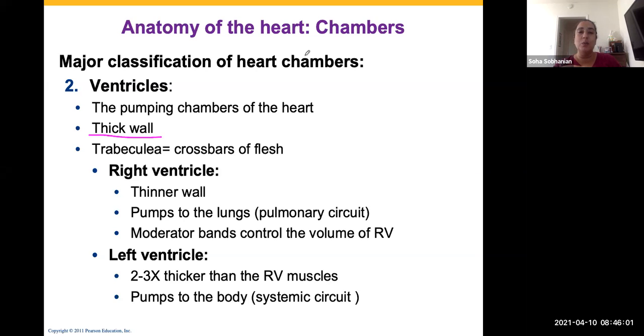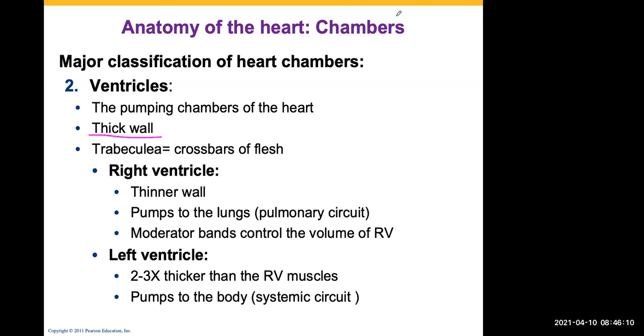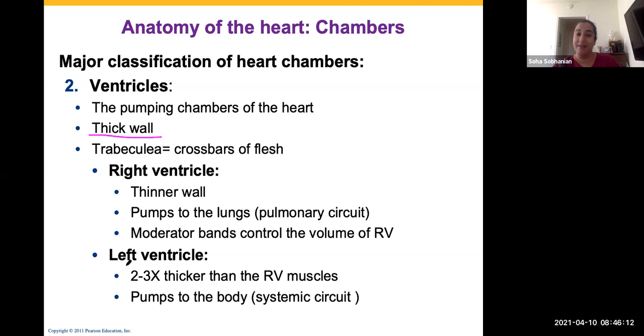Well, what about between the right ventricle versus the left ventricle? Which one of those is going to have a thicker muscle, guys? And the answer would be the left ventricle, correct. If you look at the thickness, and I'll show you in just a second, it is 2 to 3 times thicker than your right ventricle.